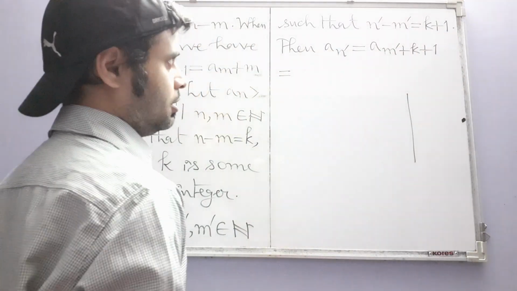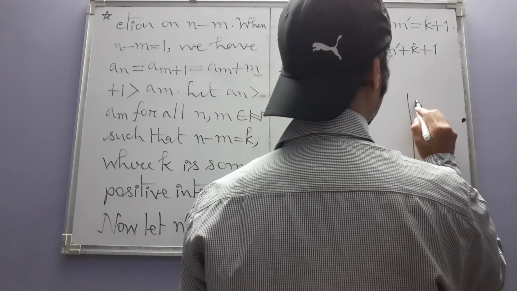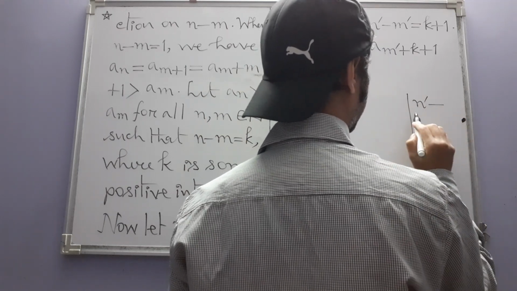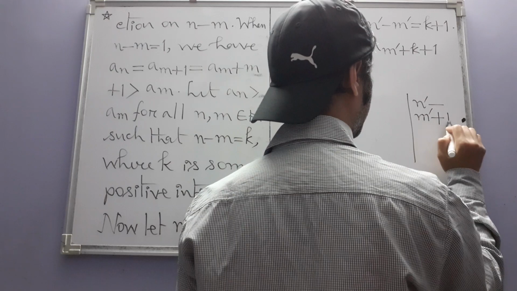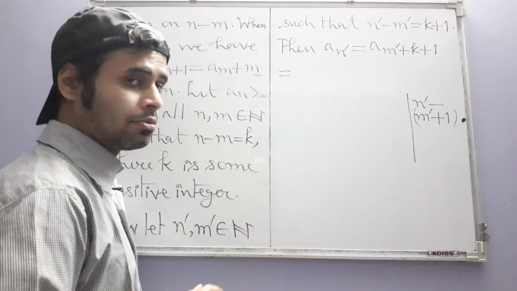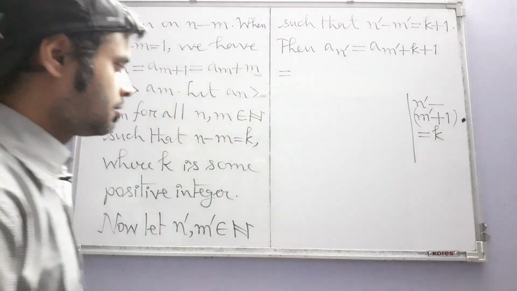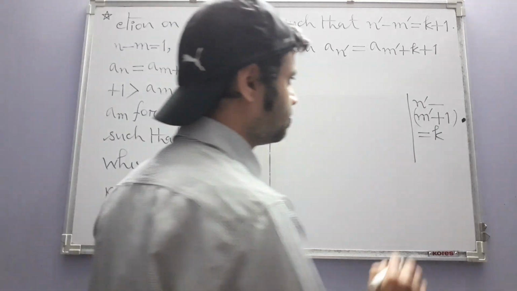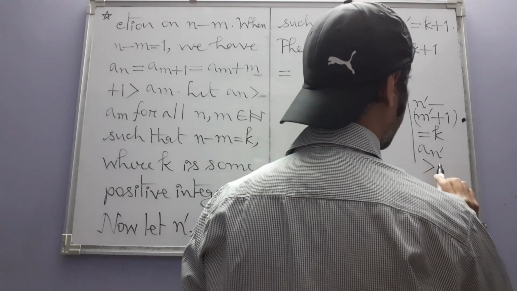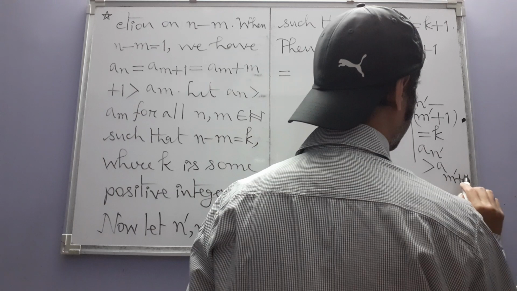From this what do we see? From this we see that n prime minus m prime plus 1, if you subtract 1 from both sides, then this is equal to k. So by our induction hypothesis, a_n prime should be strictly greater than a_(m prime plus 1).